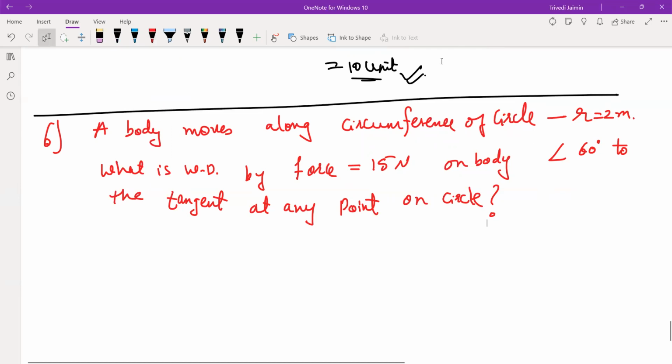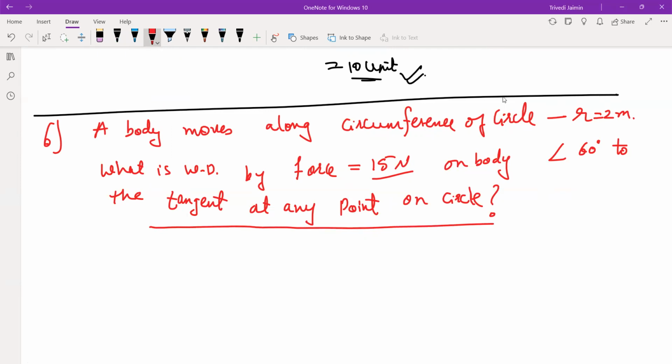Try this question as homework. Is it 15 joules? 15 Newton. Sorry, no, not correct. You have to do integration.